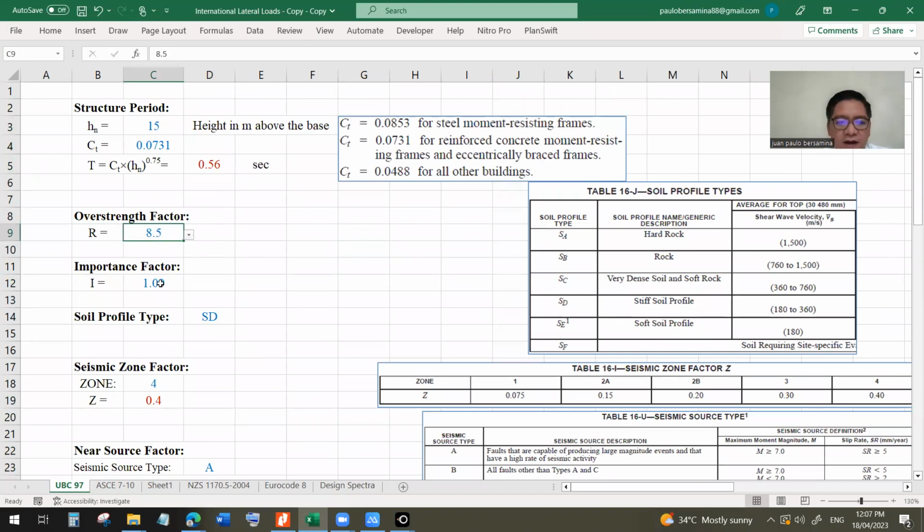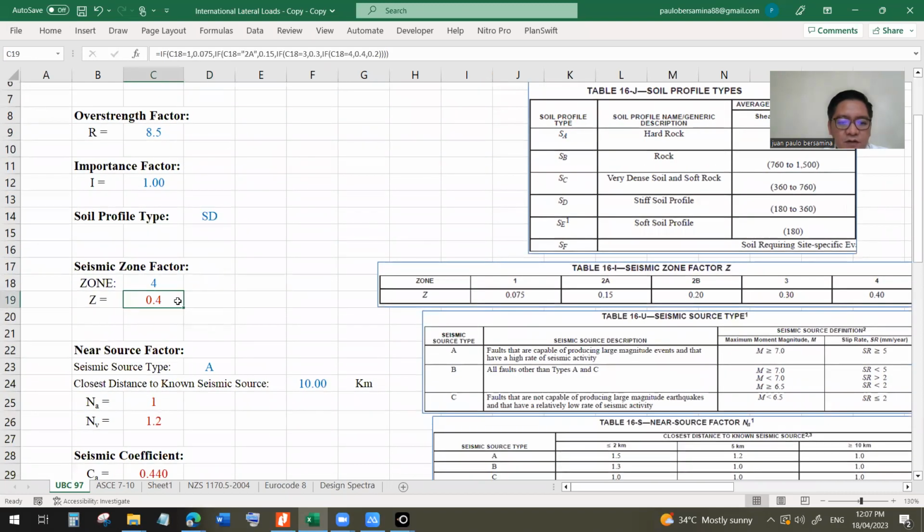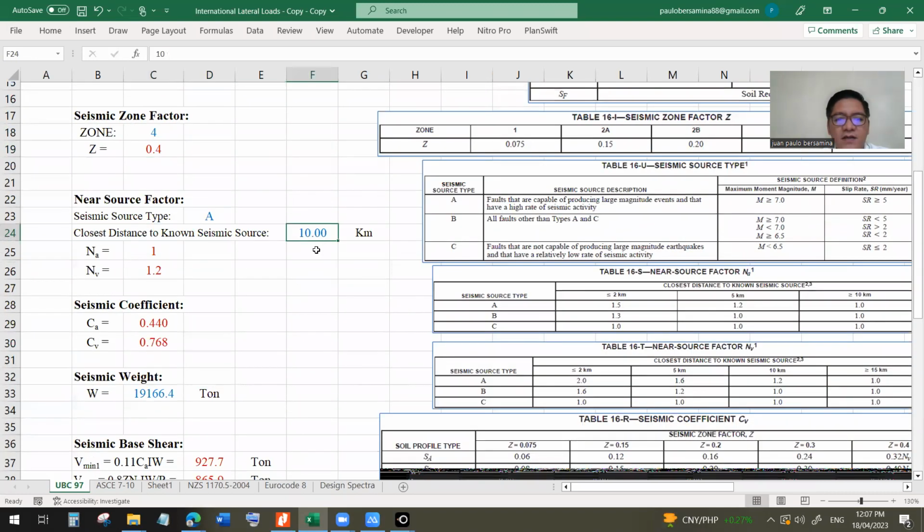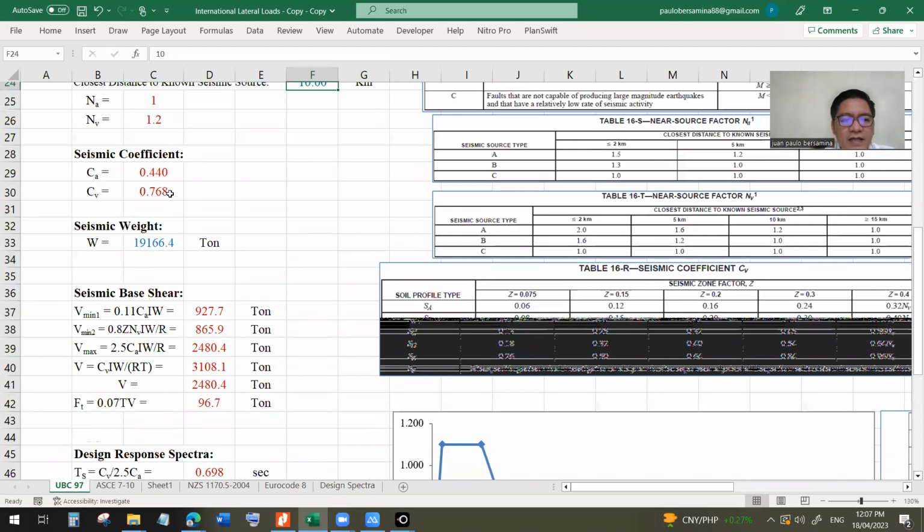R is 8.5, so type SD also. Zone 4, distance is 10 kilometers. You will have 1 and 1.2, NA and NV. Gawa na natin ito last time.